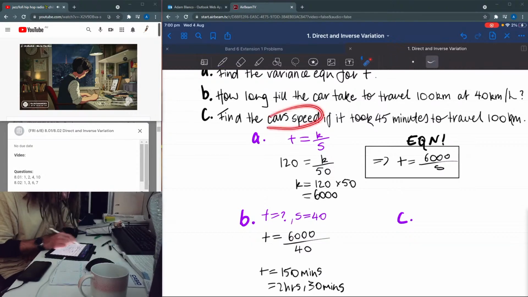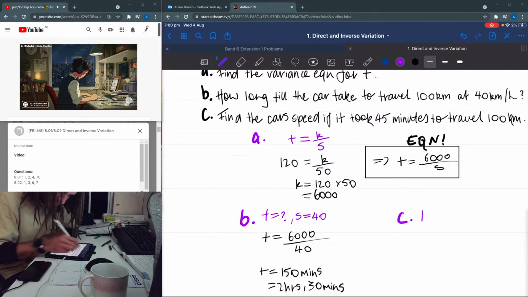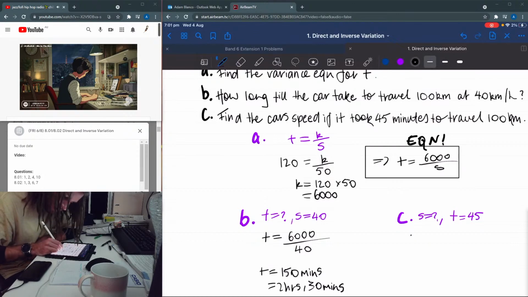Okay, this next one. The car's speed. That's what I'm trying to find. Okay, so speed is what I don't know. But I do know that it took 45 minutes. So the time is 45 minutes. Again, I've got t equals 6,000 on s.